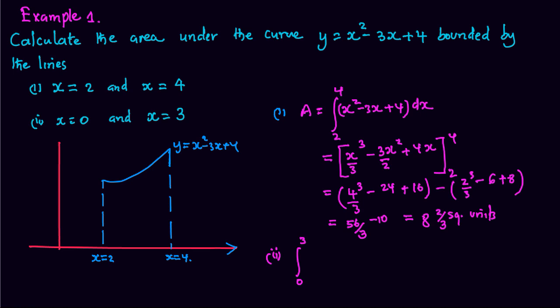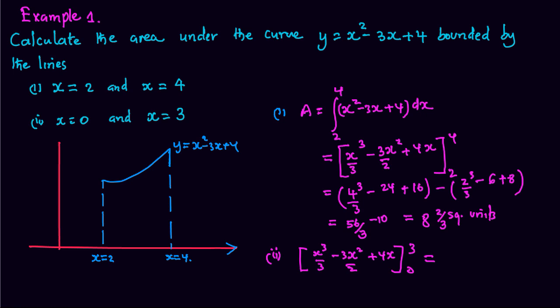Substituting into the expression, we get x cubed over 3 minus 3x squared over 2 plus 4x, 0 to 3. That substitutes directly.